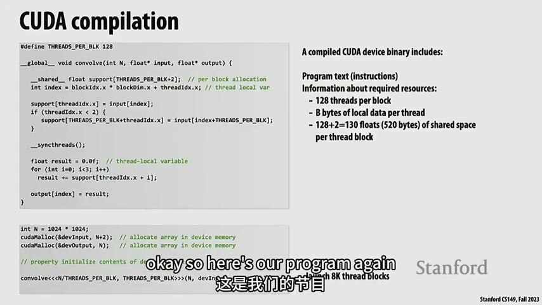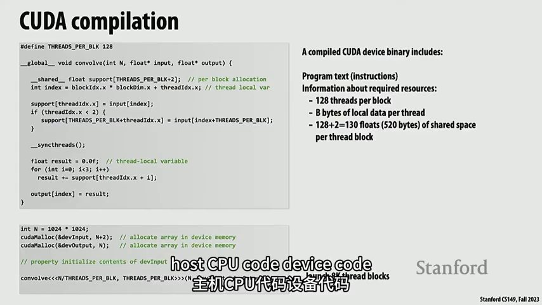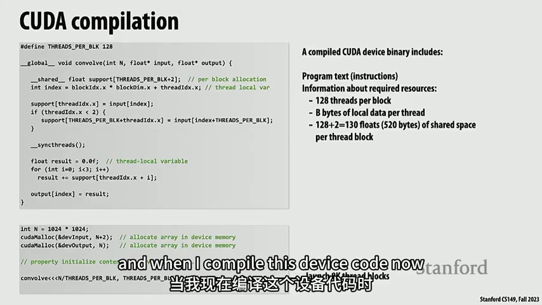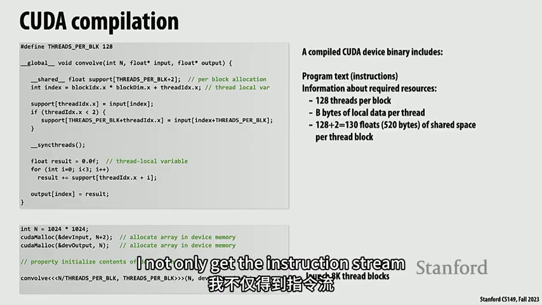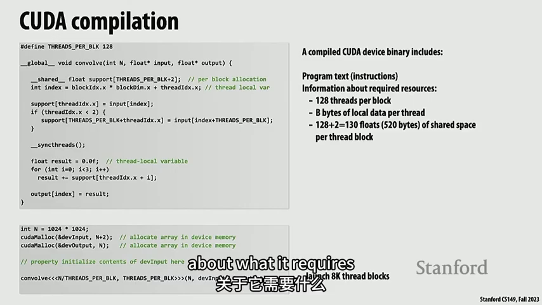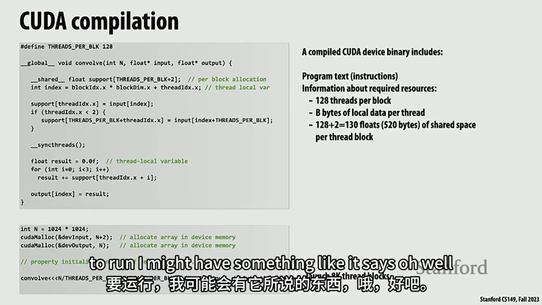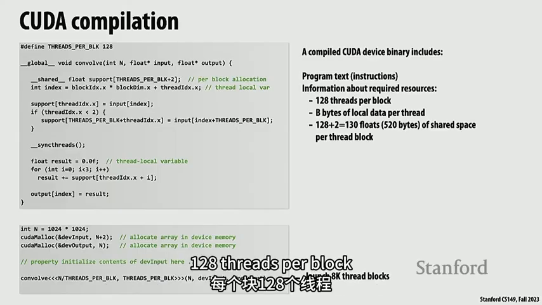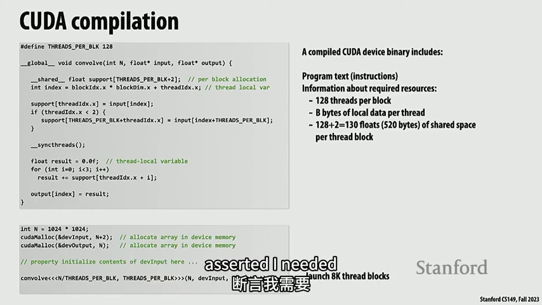Okay, so here's our program again, host CPU code, device code. And when I compile this device code now, I not only get the instruction stream, but I also have a little bit of metadata about what it requires to run. It says I need 128 threads per block, because that's what the programmer asserted I needed.